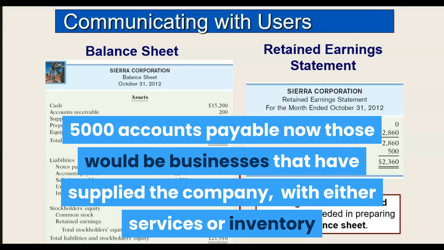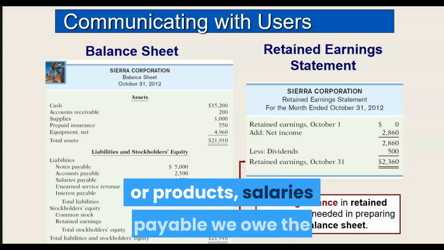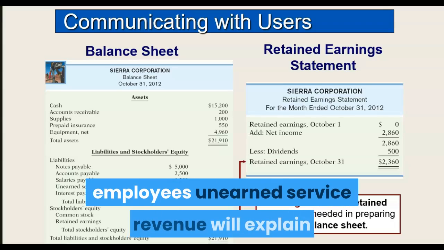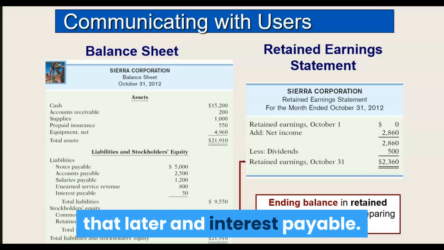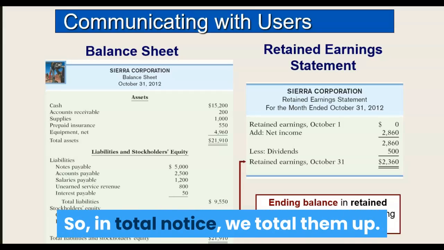Who has a claim? Well, notes payable, people who own a note from the company, $5,000. Accounts payable. Now, those would be businesses that have supplied the company with either services or inventory or products.